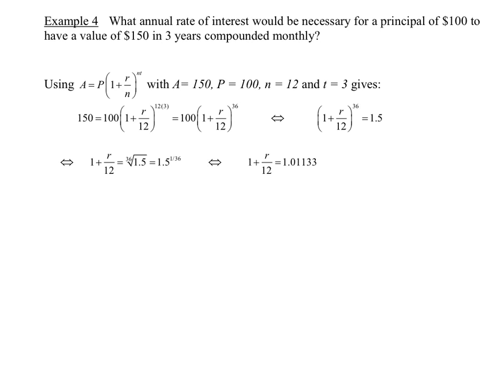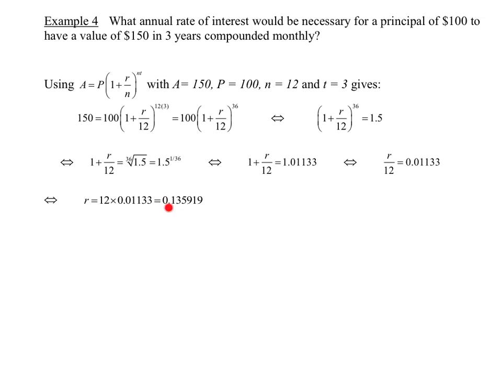When you're doing these types of equations, keep this to as many decimal places as possible. Don't round very much. Keep 5 or 6 decimal places if you possibly can. Then we'll have to take the 1 over to the other side. So we get this. And then finally, we'll just multiply both sides by 12 to get R. Now, this is R as a decimal.